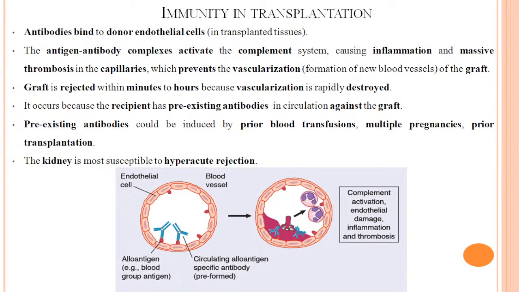What about organs that are more susceptible to graft rejection? This is the kidney. Kidney is the most susceptible to hyperacute rejection. So it's about transplantation.